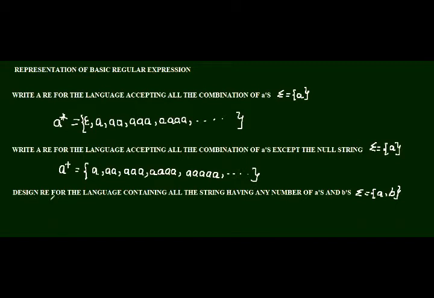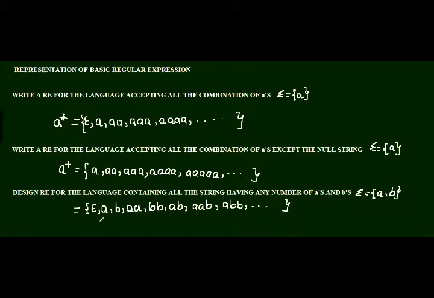One more question written over here. Design regular expression for the language containing all the strings having any number of a's and b's over the set sigma is equal to a comma b. That means all the combination of a and b including null value. So it can be null value, or it can be only a, or it can be only b, or it can be a square, or it can be b square and so on, and it can be ab or aab or abbb and so on.